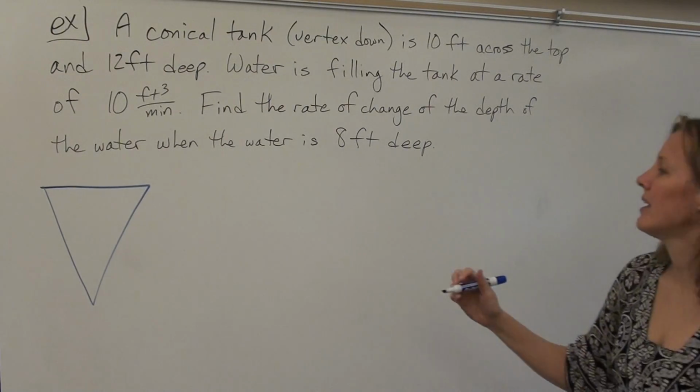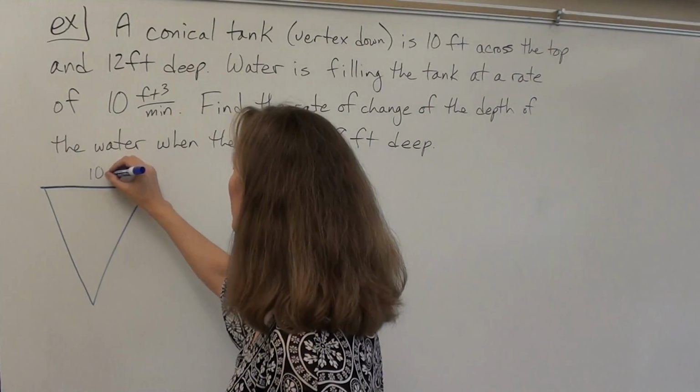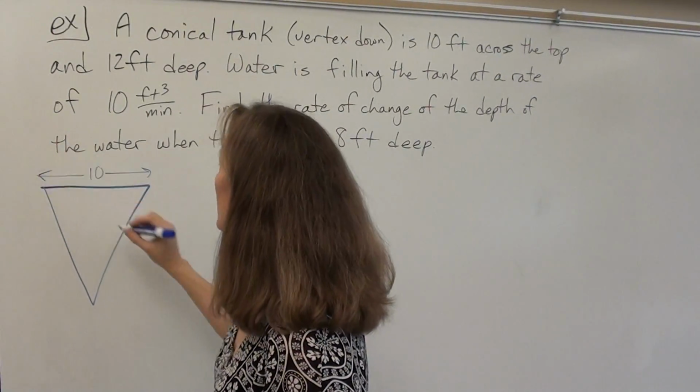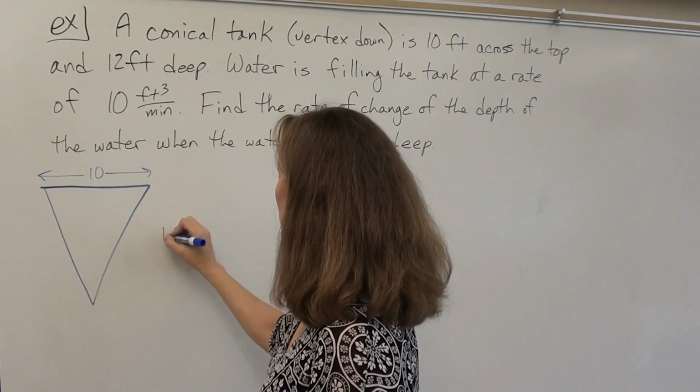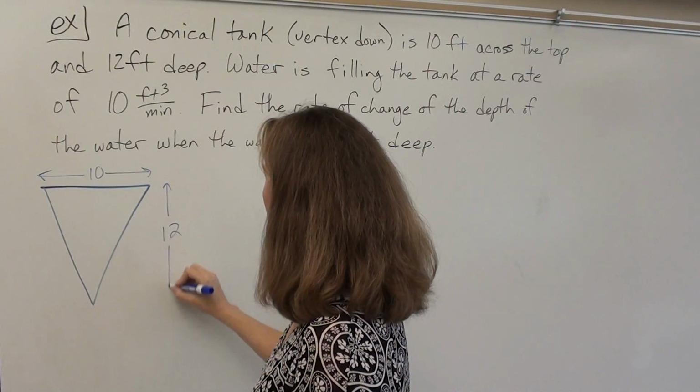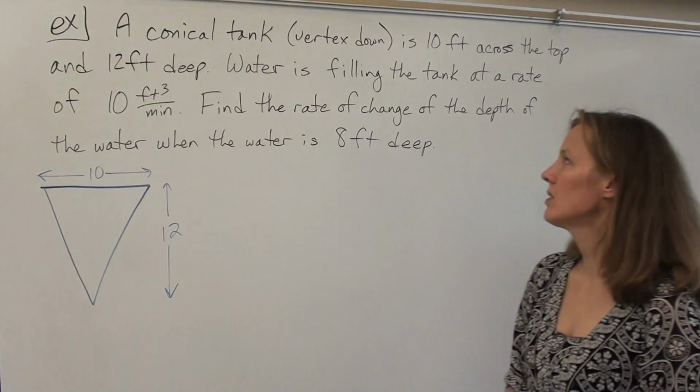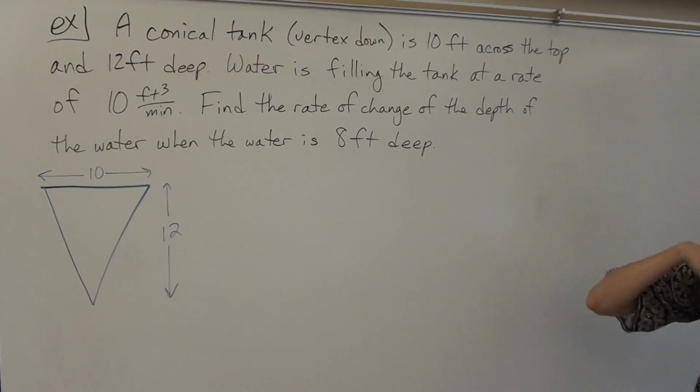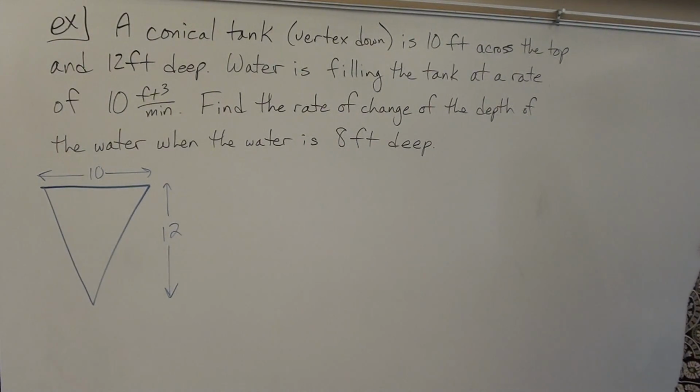So the tank is 10 feet across the top and it's 12 feet deep. Water is pouring into the tank at a rate of 10 cubic feet per minute.